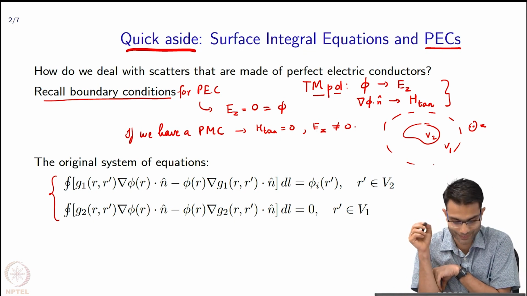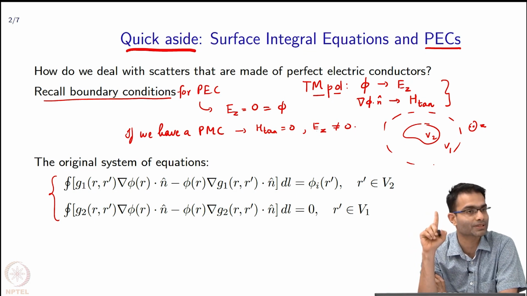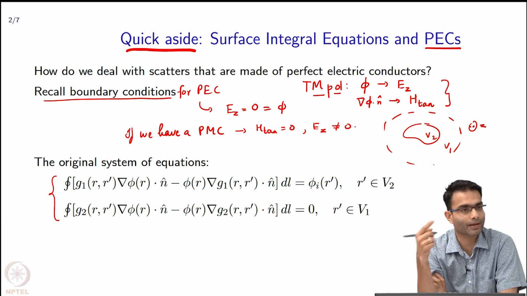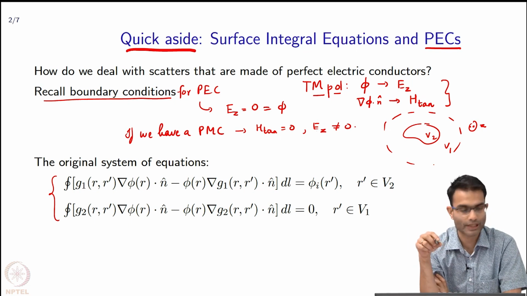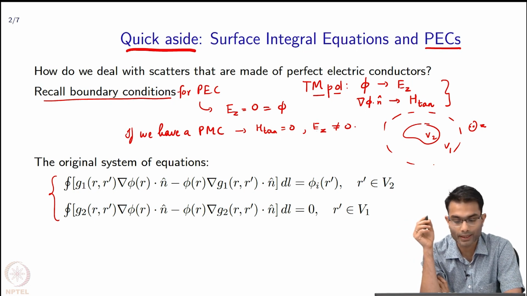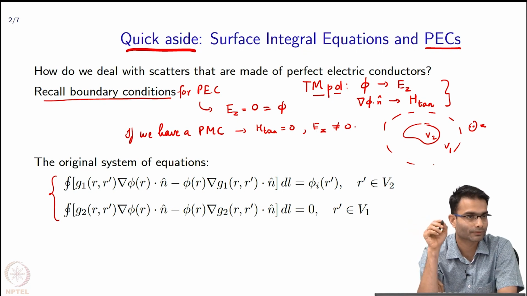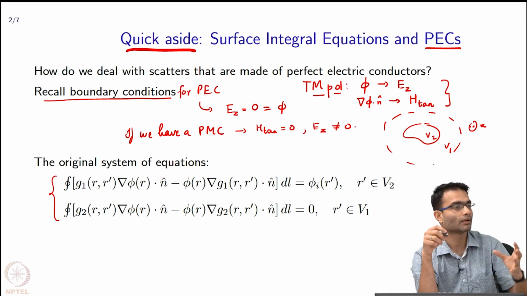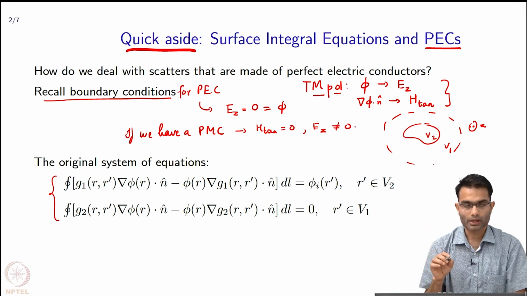It is a hypothetical object. Just like in Maxwell's equations earlier we had an electric current but no magnetic current, but we added a magnetic current to give symmetry to the system of equations. Similarly, for the sake of completeness, if I talk of PEC, I also talk about PMC. It may be useful if I use some of the equivalence theorems, because by using equivalence theorems I can introduce a fictitious magnetic current or electric current. That is why I want to make a note of it.